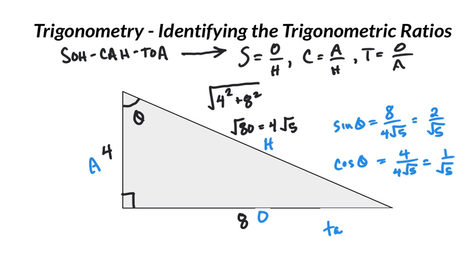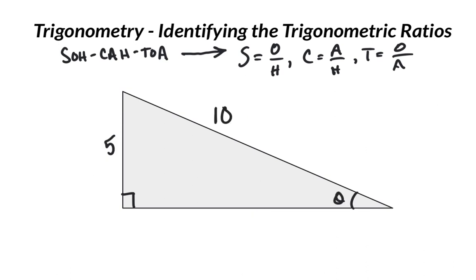And tangent is opposite over adjacent, 2. So remember, you can always use Pythagorean to fill in the missing sides if you need to, and then use those ratios: sine is opposite over hypotenuse, cosine is adjacent over hypotenuse, and tangent is opposite over adjacent.